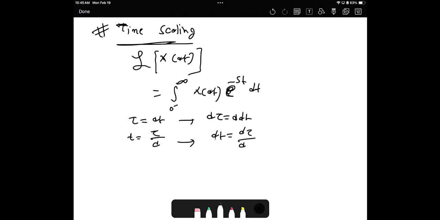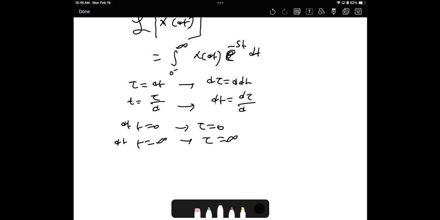Okay? Then when we change the variables, let's look at the integral. When t equals 0, then tau will be 0 as well. At t equal infinity, then tau will equal infinity. So let's change the variables. It will be the integral between 0 to infinity x of tau e power negative s, with t equal tau over a, d tau over a.